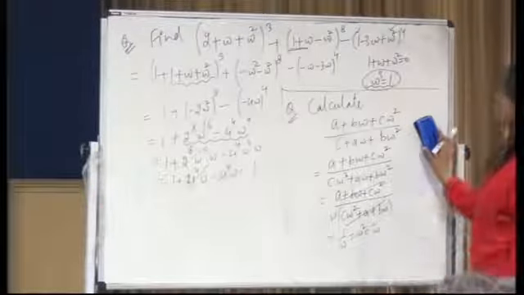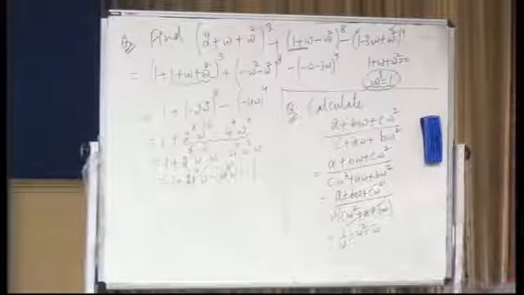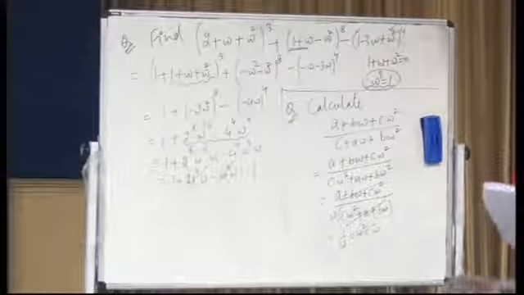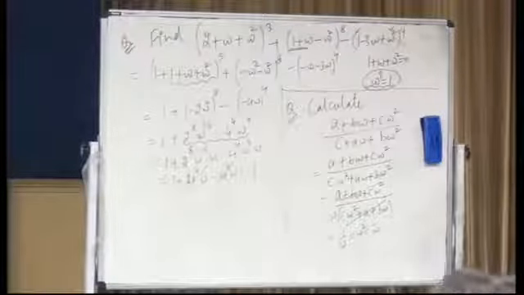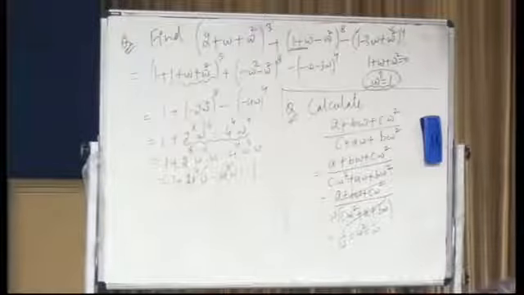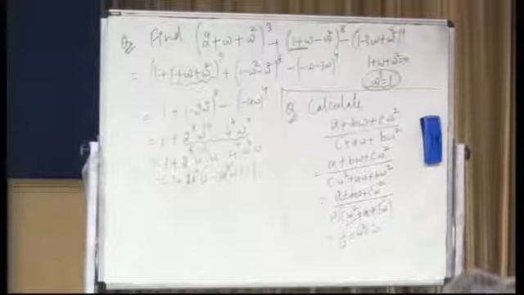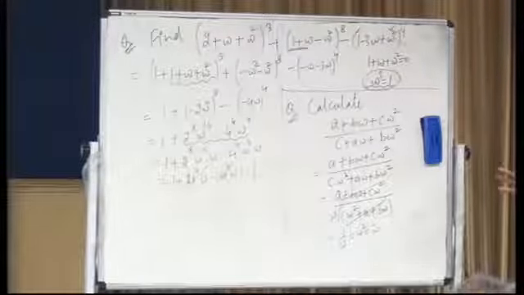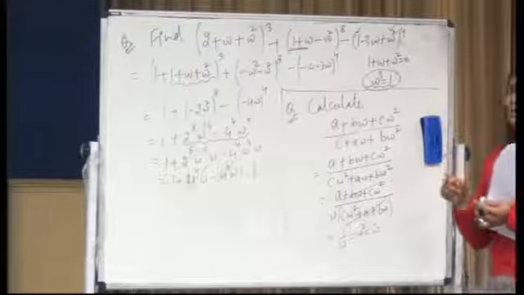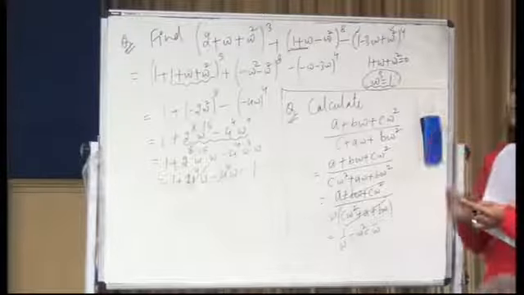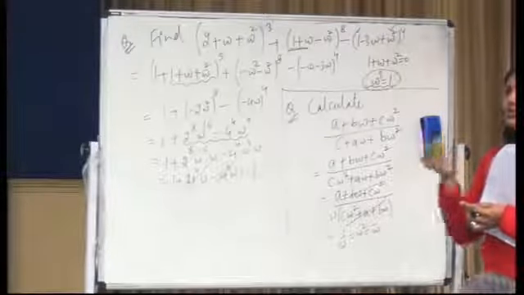Okay, now move to the next question. Copied? So basically what you are noticing here is that you are just using the properties to simplify the problem. You just have to come to a shorter method to solve the question, not the bigger one. You are just shortening the solution length.